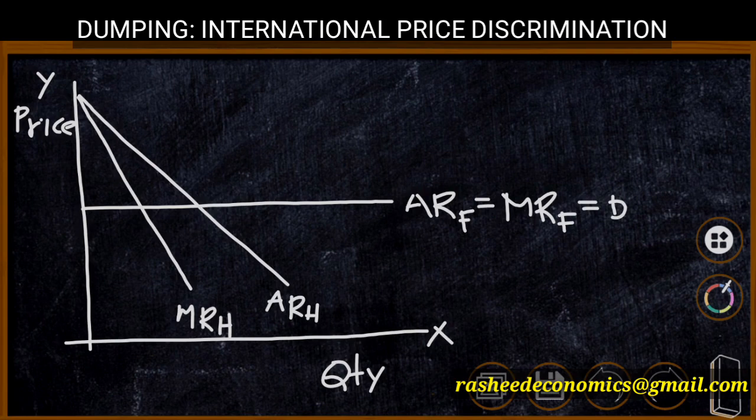The basic condition of equilibrium in the discriminating monopoly is attained at a point where the marginal revenue of market A is equal to the marginal revenue of market B, and that must be equal to the marginal cost.